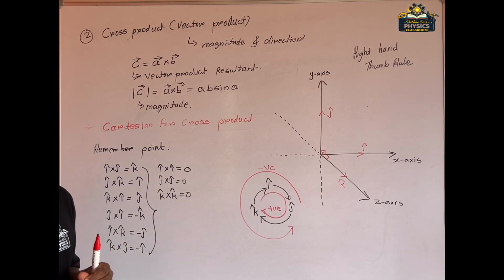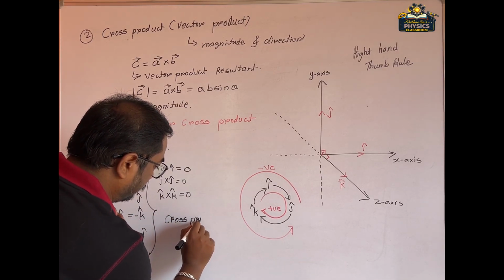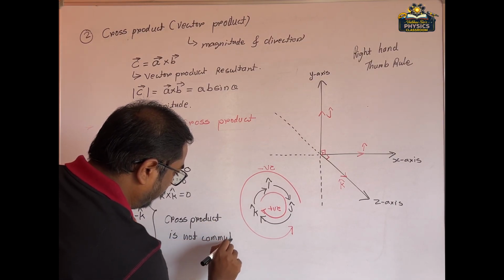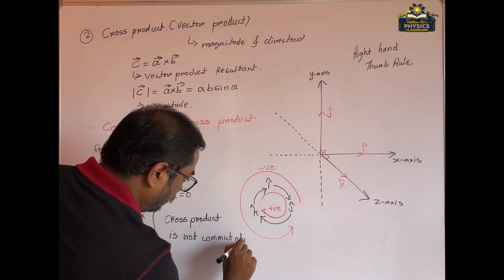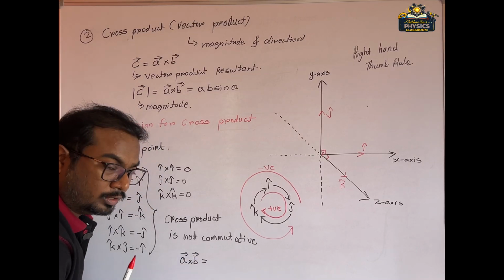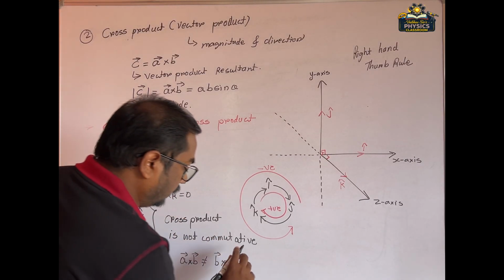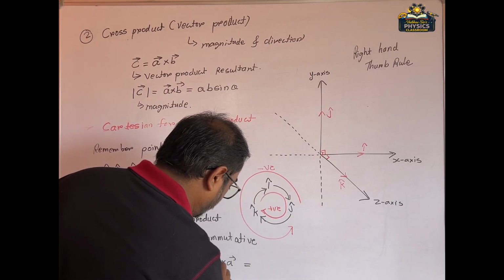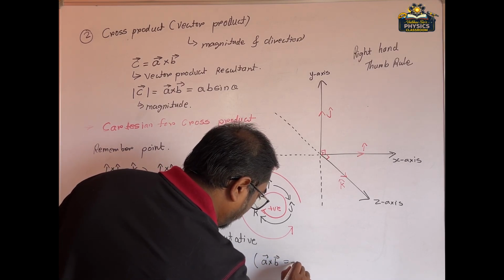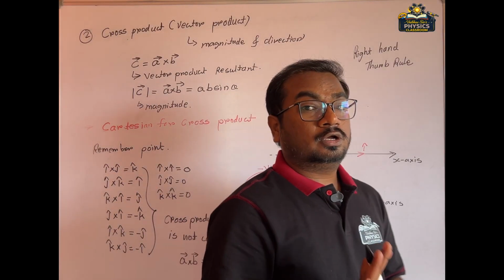conclude one statement: this cross product is not commutative, meaning A cross B is not equal to B cross A. It should be that A cross B is minus of B cross A, which is not commutative.